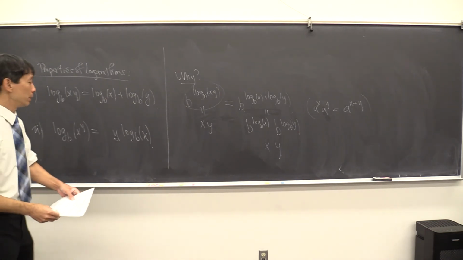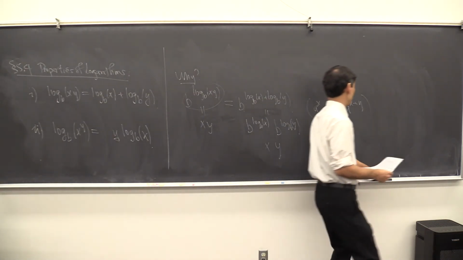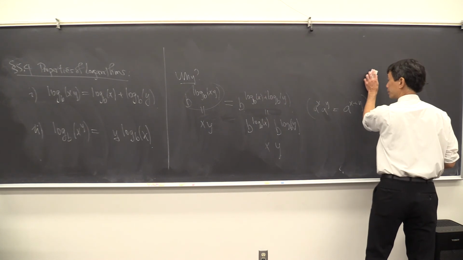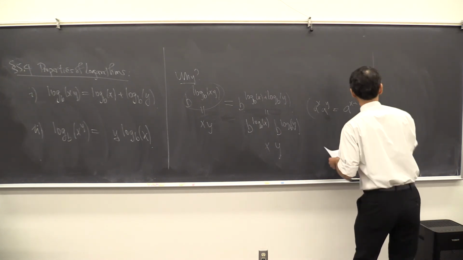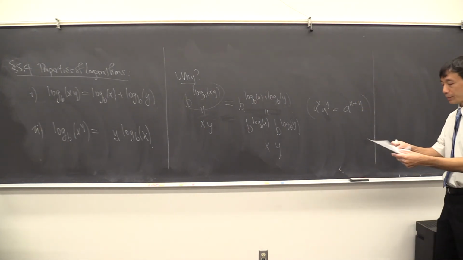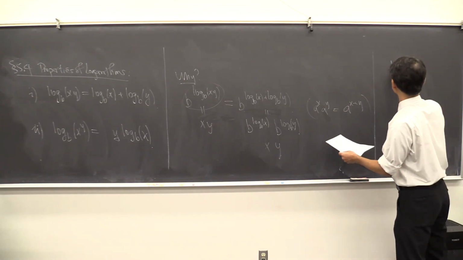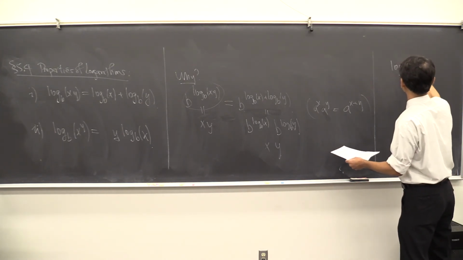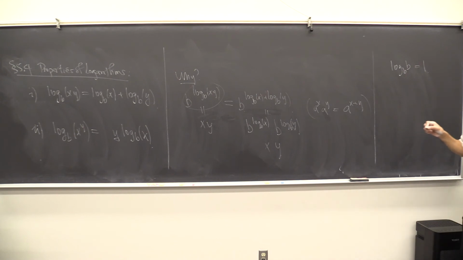I should say that the book gives a bunch of other properties, like log base b of b equals 1, but that one you know already for sure. What's log base b of b? It's the exponent you raise b to in order to get b. So that's equal to 1.